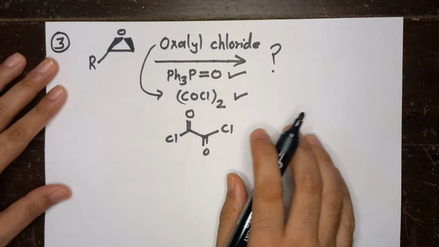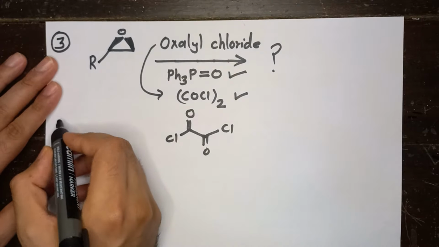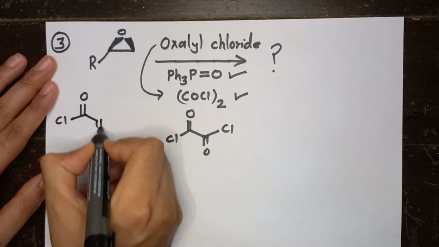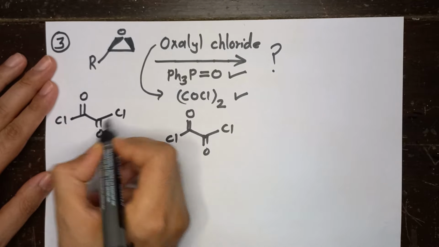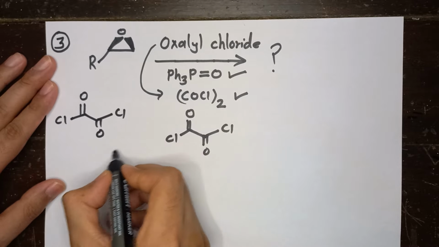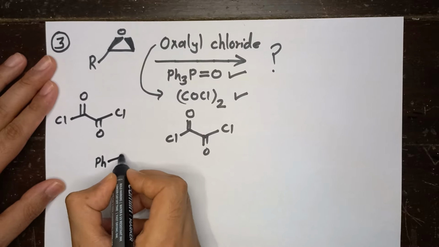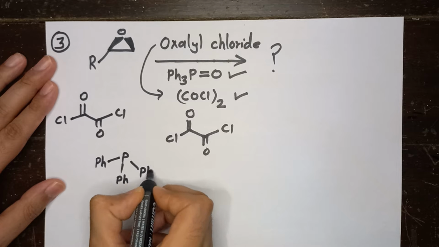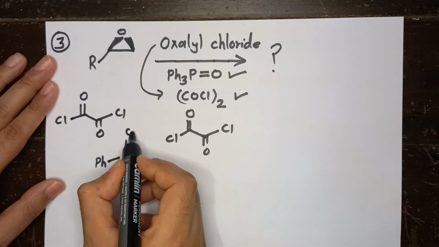So let's go ahead. We have oxalyl chloride, and we have this triphenyl bonded to phosphorus, right?